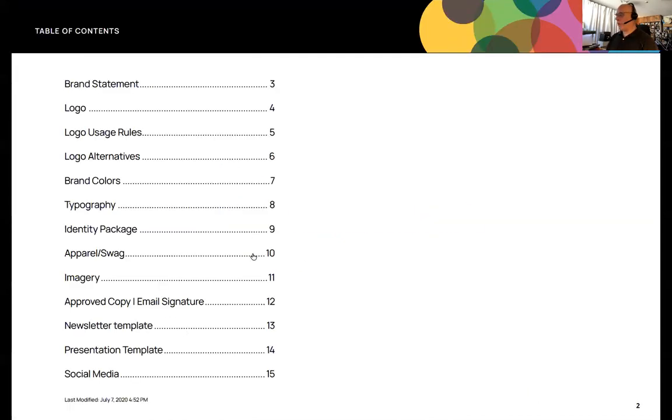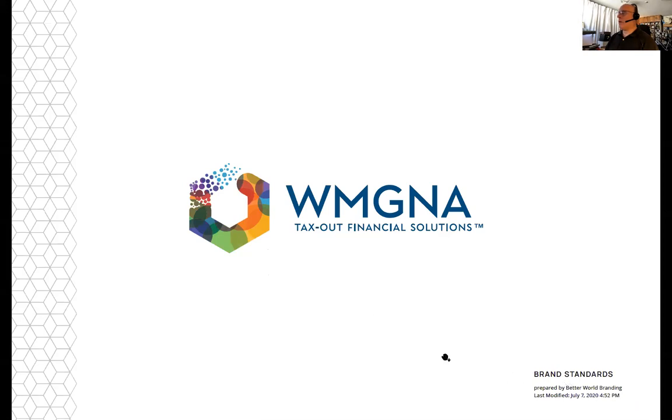So this is what we call the brand standards manual. It's a really good thing to have, especially if a company's working with a lot of different vendors in terms of design. Large companies have huge manuals. I worked for a big real estate company, and our graphic standard manual was like 170 pages long.